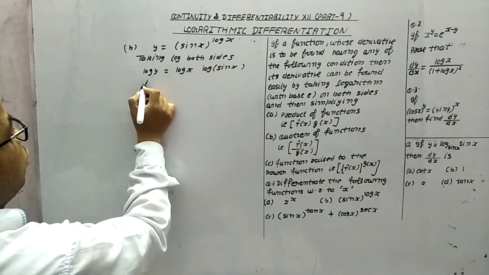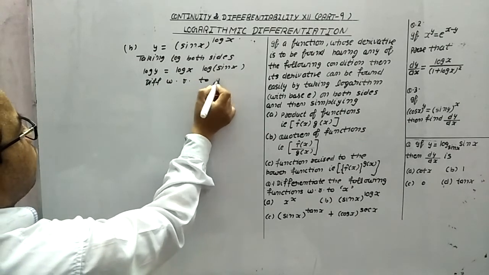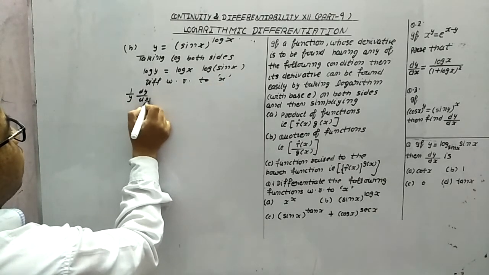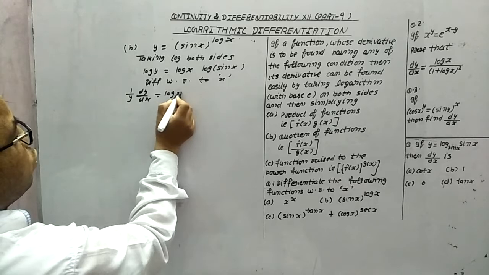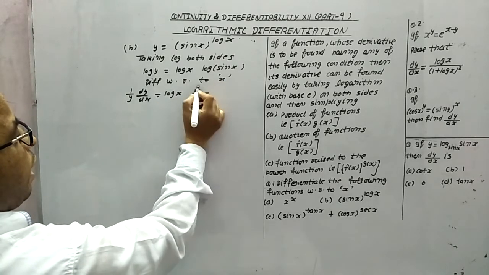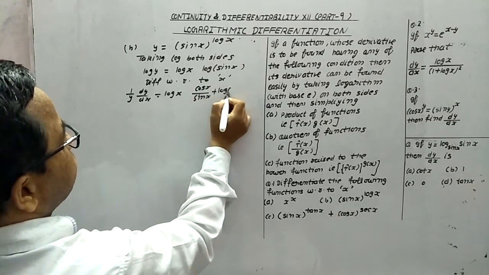Now differentiation with respect to x. Once you do the differentiation with respect to x, what will come? 1 upon y dy by dx, log x as it is. What is the differentiation of log sine x? Cos x upon sine x, this is cot x.